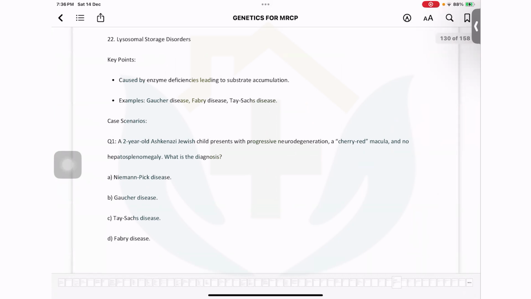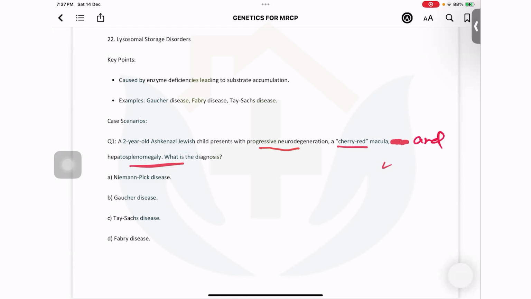So, let us say, if I have to change it into your question: a 2-year-old Ashkenazi Jewish child presents with progressive neurodegeneration, a cherry red macula and hepatosplenomegaly. The answer has changed.